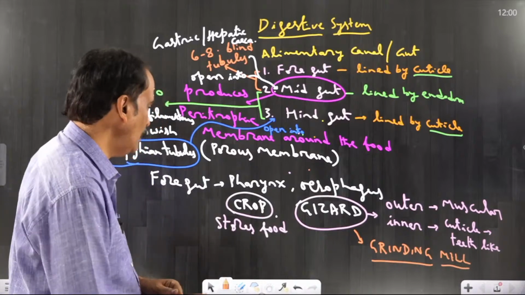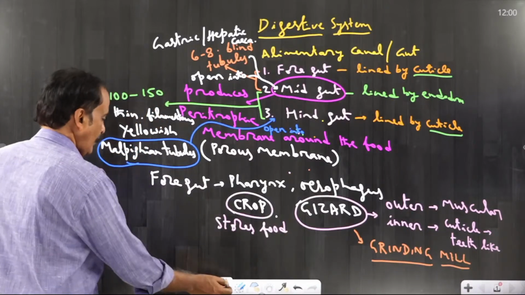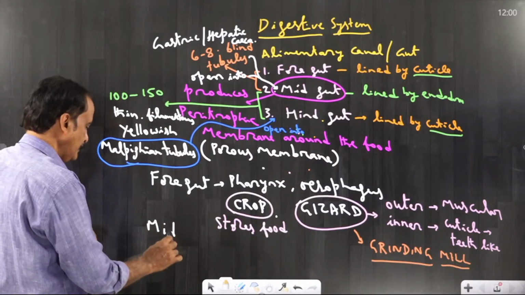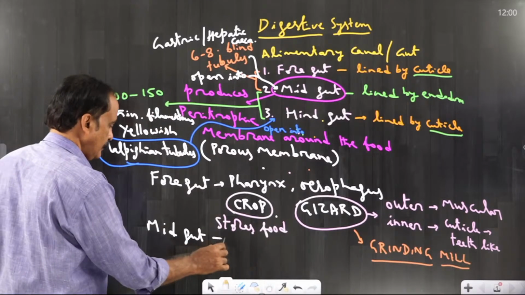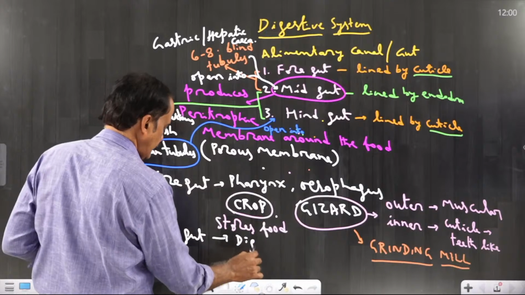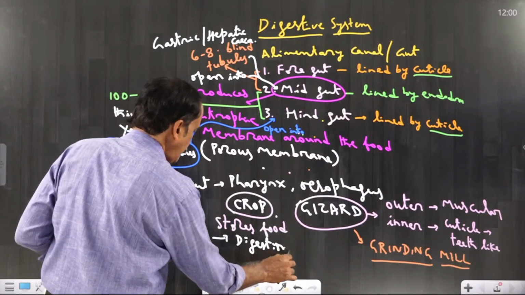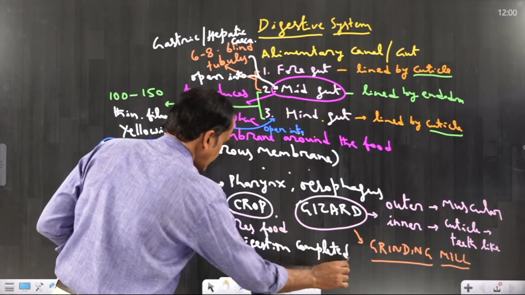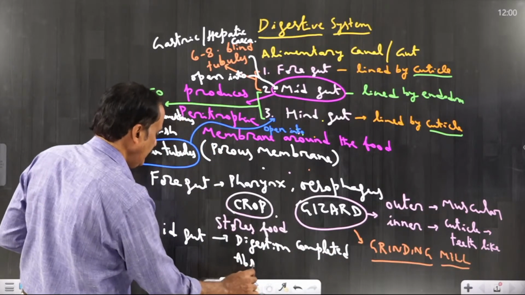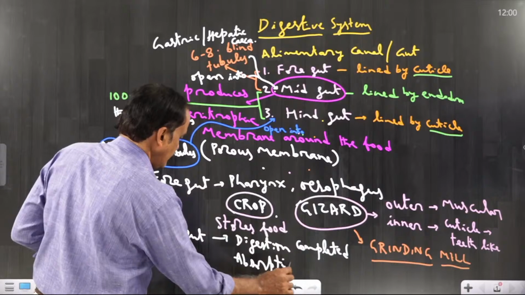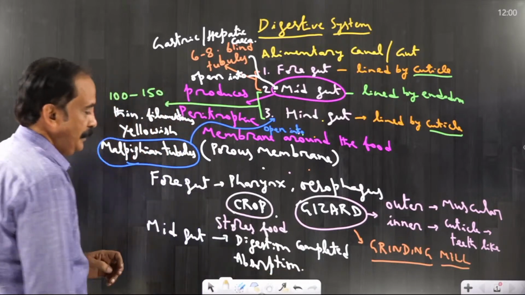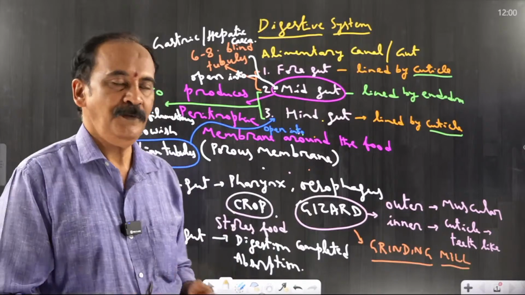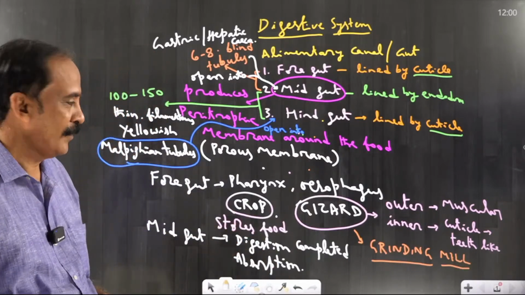Okay, in the midgut the process of digestion gets completed and absorption takes place in this region. In the proximal region digestion gets completed, and in the distal region you will find absorption takes place.